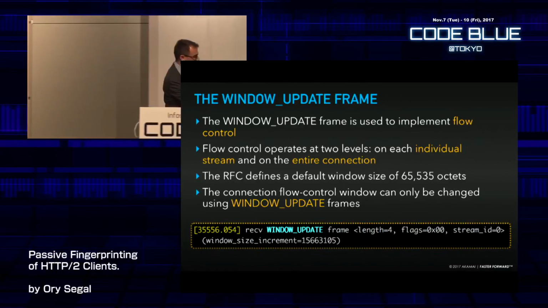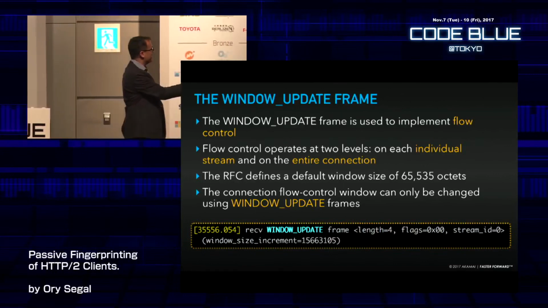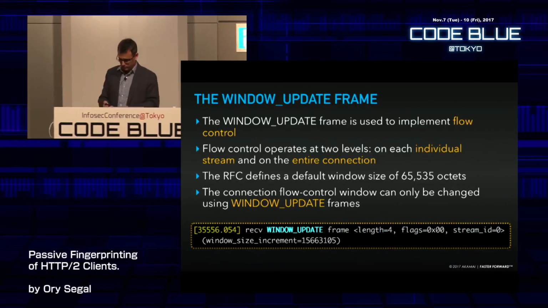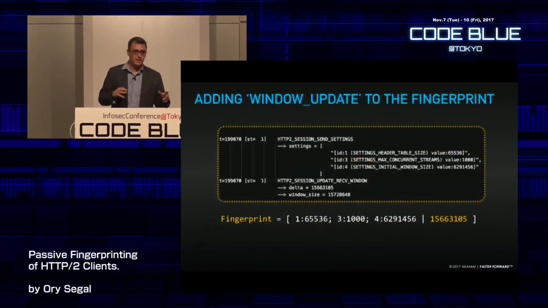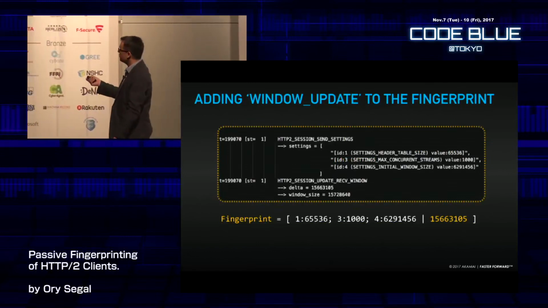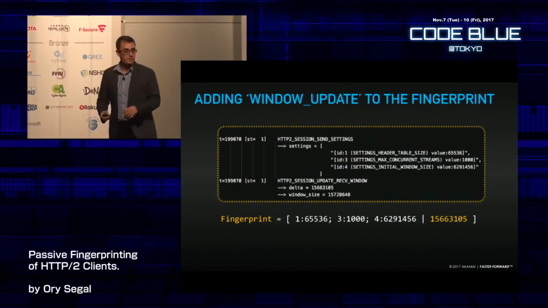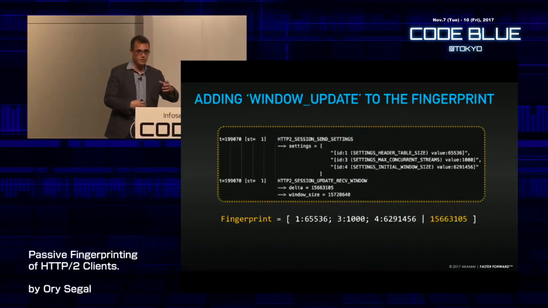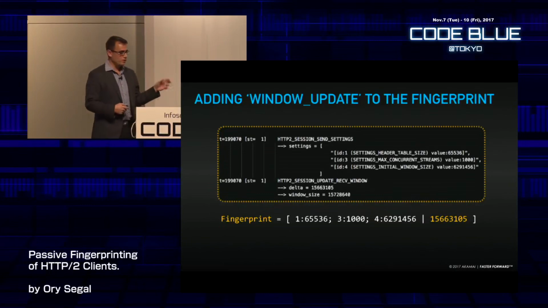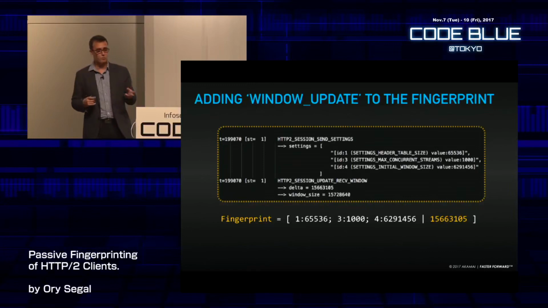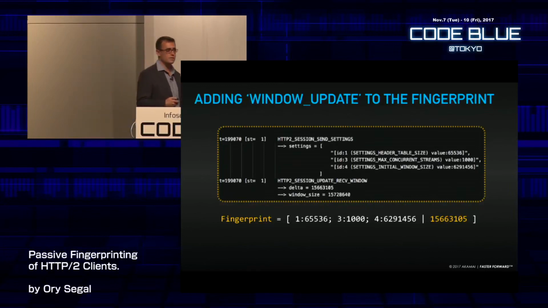So stream ID 0, and then how much do we want to increment the size of the window? Pretty simple. So how do we add that to the fingerprint that I talked about earlier? Very simple. We use a pipe character, and we add the value after the settings. So we have the settings first, pipe, the window update. If the window update is not sent, we just write 0 instead.